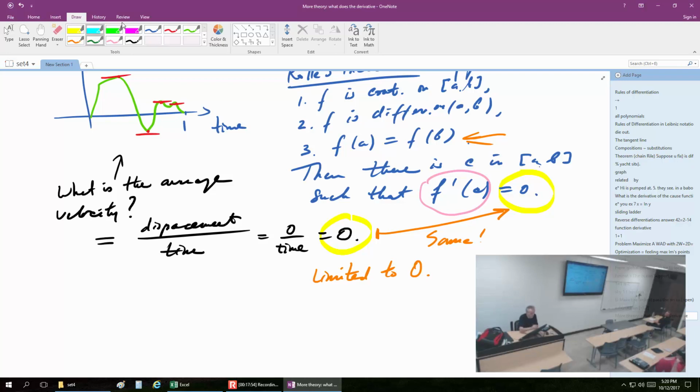Let me try to illustrate this with a modified picture from right at the top there. Suppose the average velocity is not zero, which means that you have not come back to your home. You have driven somewhere and then did not come back. So maybe like this, and then you're here. I think it's like this graph.